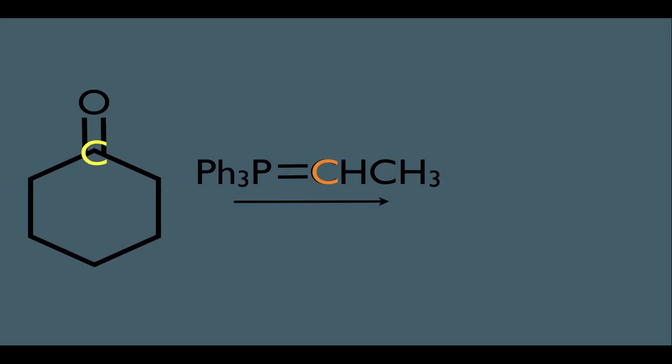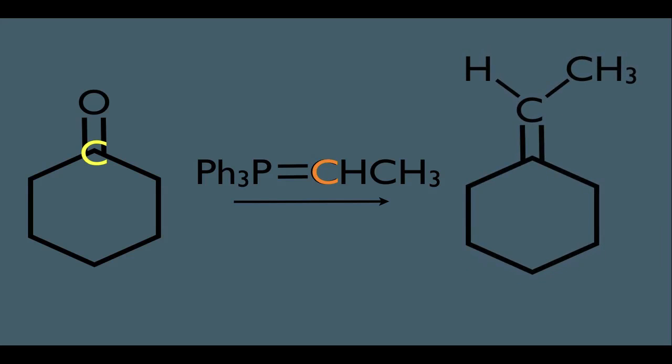So back to our quick product method here, all we're going to do is connect the carbonyl carbon to the phosphorus ylide carbon. So again, this carbon came from the carbonyl, this carbon came from the phosphorus ylide, which is again this carbon right here. And notice that carbon has an H directly connected to it and a methyl, and that's exactly what we see in our product.